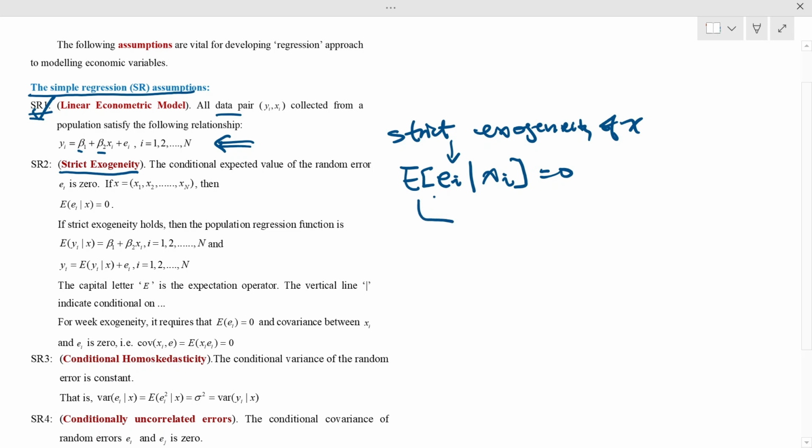This conditional expectation also implies this. To see this, we can use the law of iterated expectation.